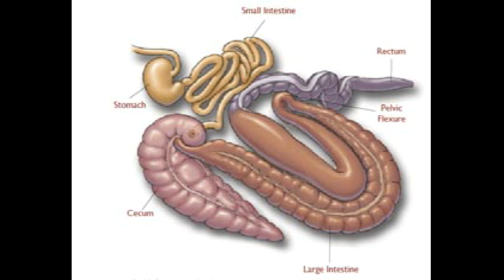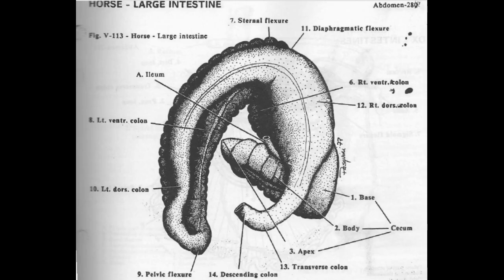So imagine a double U shape, and the first part from which we are starting is the right ventral colon. Continue to move towards the bend of this double U-shaped structure.